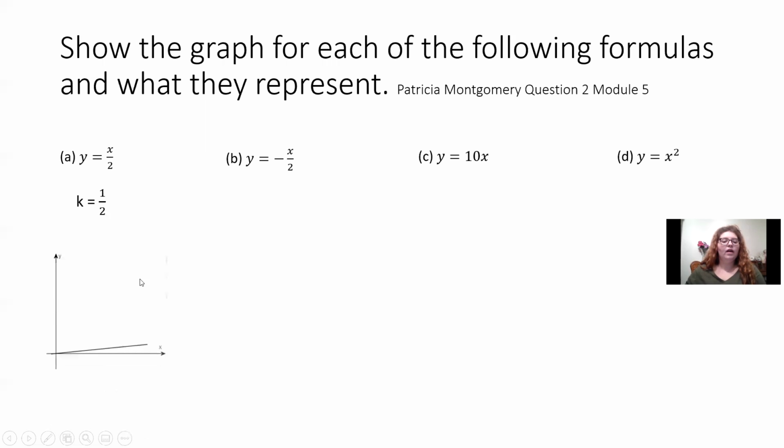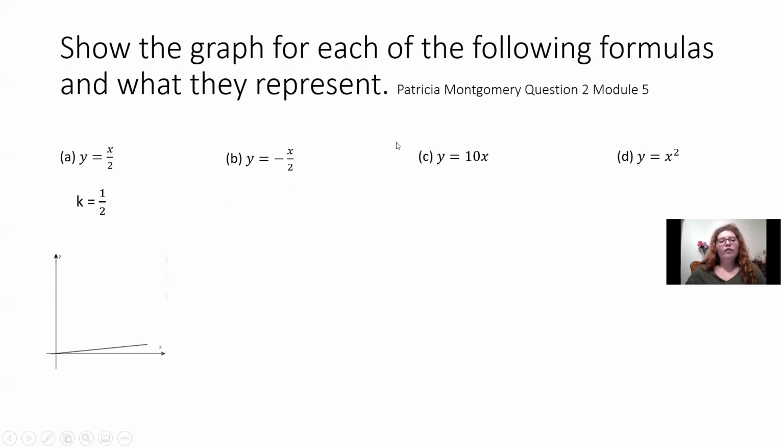And for a 1/2 line, this is what we get. Now what we could do is say, what does our 1/2 represent? Well, it could represent for every 1 cookie you sell, you get to keep 1/2. So that's going to tell us for each cookie how much we're going to get to save.